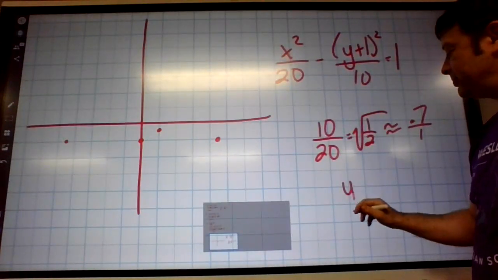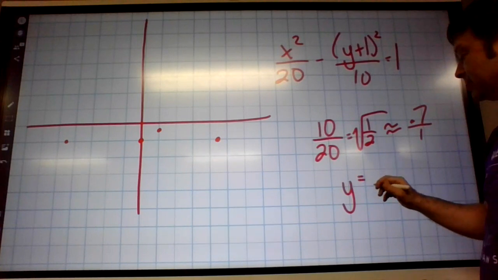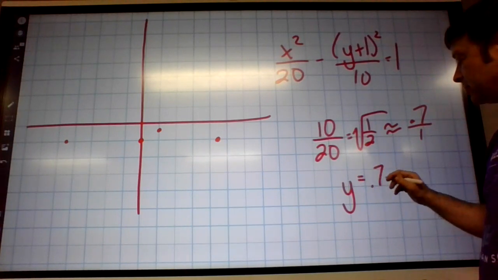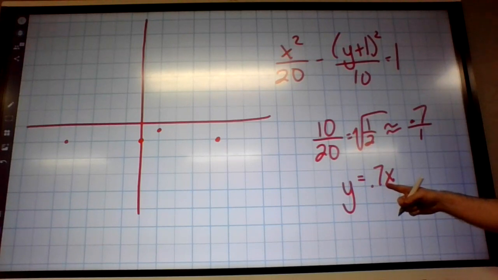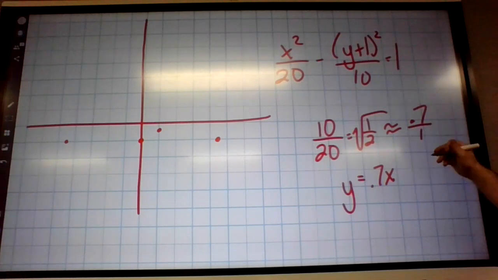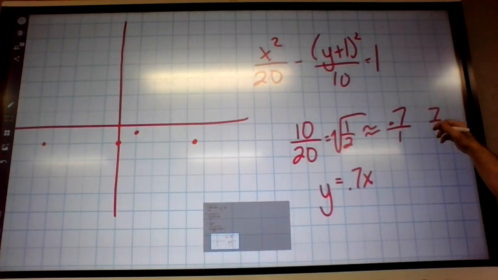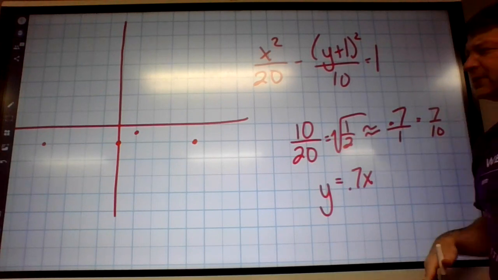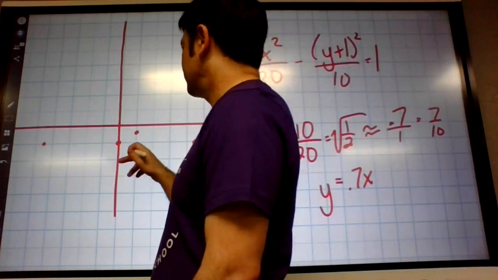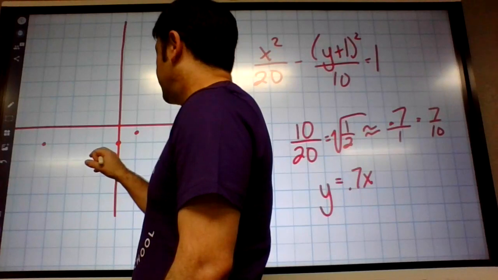Basically we have an equation where 0.7 is the slope. I guess we could use 7/10. I go up 7 and over 10. That would work also. That's just really high, so I don't think it's very helpful. And remember you can go backwards.